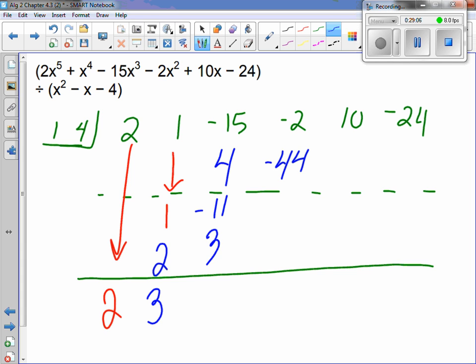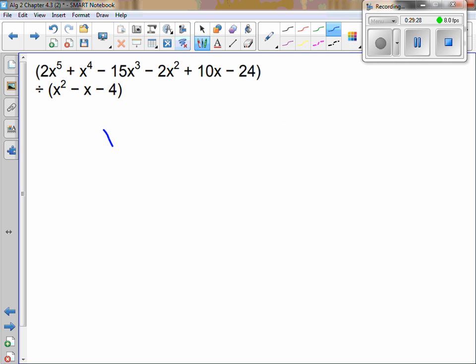It's not normally taught in pretty much most any kind of high school level because of the fact that there is so much going on. It does work. We can use synthetic division for it, but I would not use synthetic division to solve this. You're better off sticking to long division.